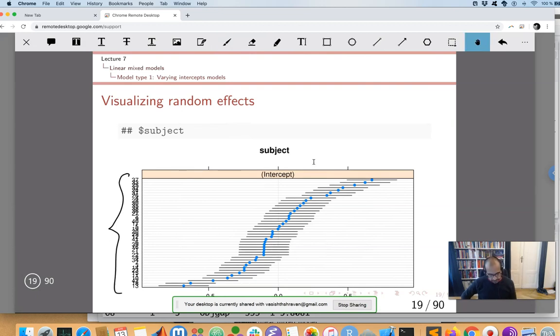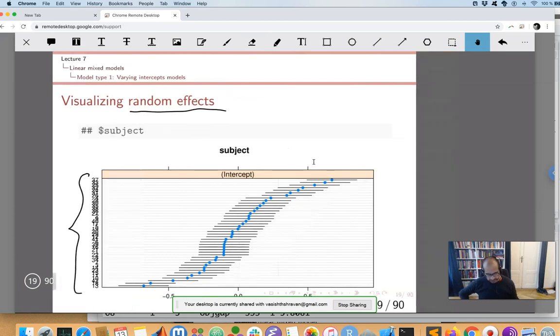These are called random effects because they're showing how the 42 subjects vary around the grand mean. The horizontal bars along each of the subject estimates are 95% confidence intervals, so they're telling you, roughly speaking, how much uncertainty you have for each of the estimates of the 42 subjects.